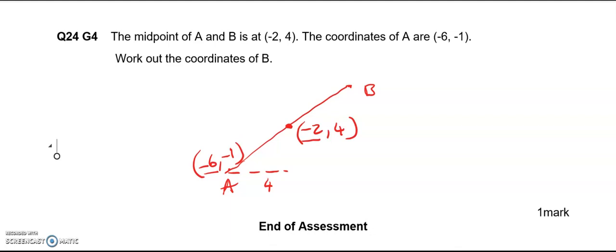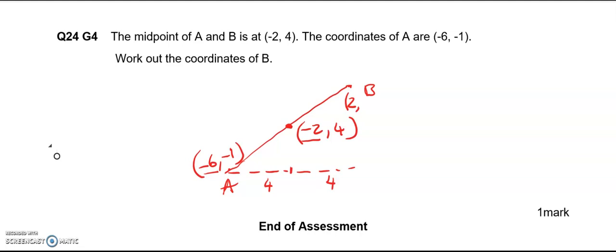So that's the value of x. So now we're going to move a further 4 units across to get to B. So this is going to be -2 add 4, which gives us 2. So the x coordinate of B is 2.